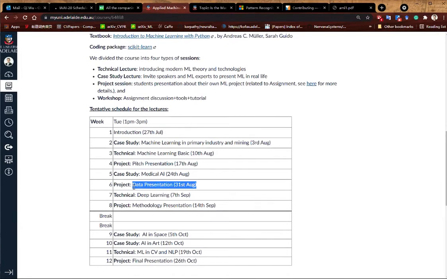The second project session is about the data presentation. As I mentioned, some of you are from the Master of Machine Learning, some of you are from the Master of Data Science. The most important thing in machine learning actually is data.